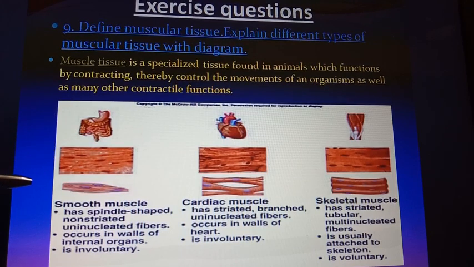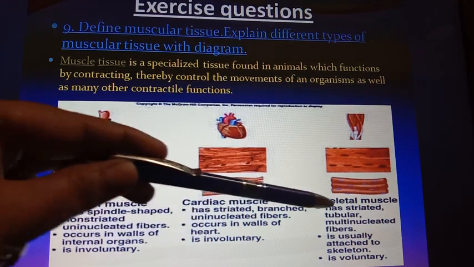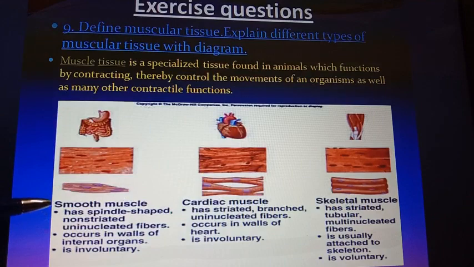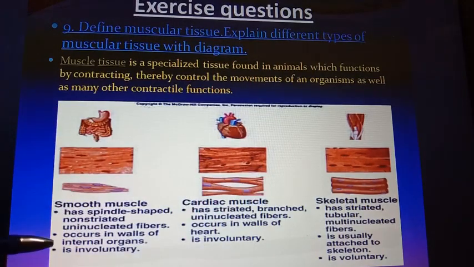Next, it is already told that muscular tissue is of 3 types: smooth muscle, cardiac muscle and skeletal muscle. So these are the characteristics of the 3 types of muscles.